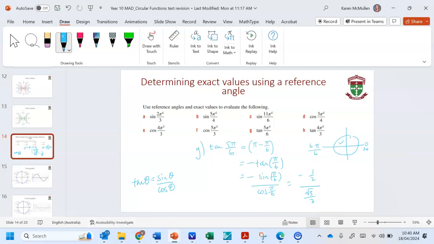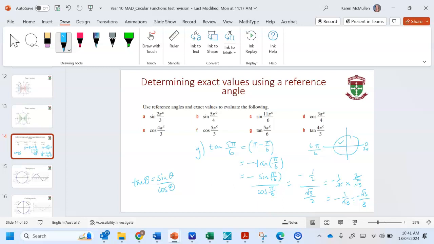When we're dividing a fraction by a fraction, we keep the first fraction the same, change the division to a multiply, and flip. The 2's cancel out and we're left with 1 on root 3. You could rationalize the denominator, so it's root 3 on 3.